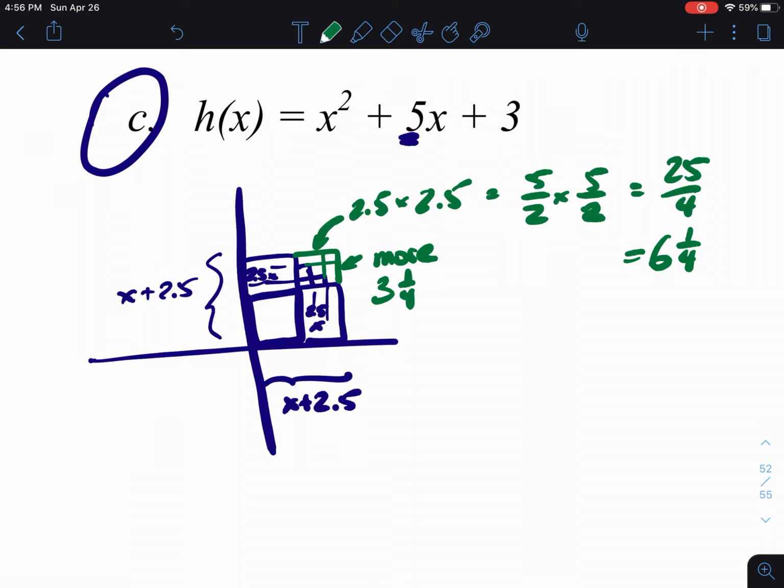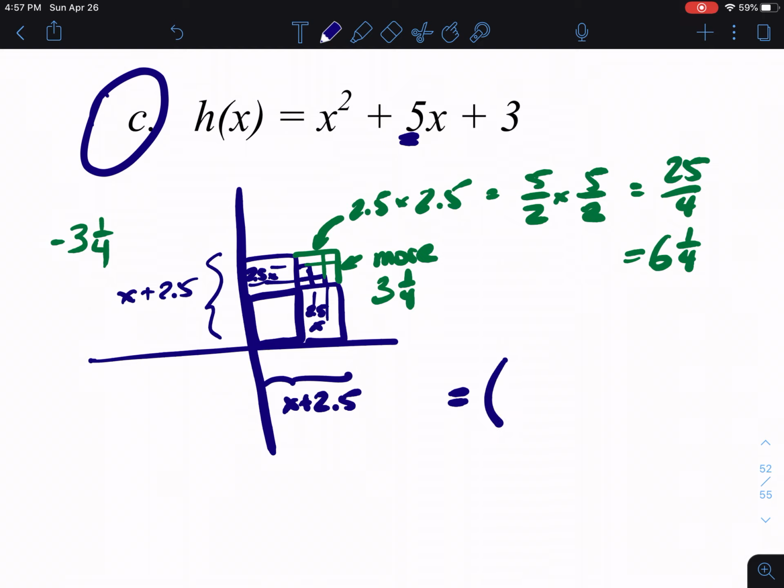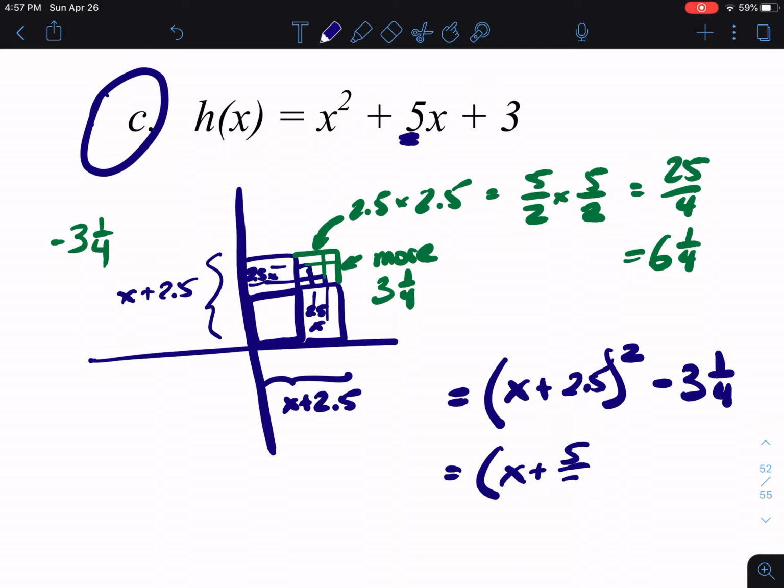But we can't go around adding 3 1/4. We'd need to make sure that that's part of a 0 pair. So let's write this out now. We have a square that's x plus 2.5 squared minus 3 1/4. And if we want to use fractions, we can write it this way.